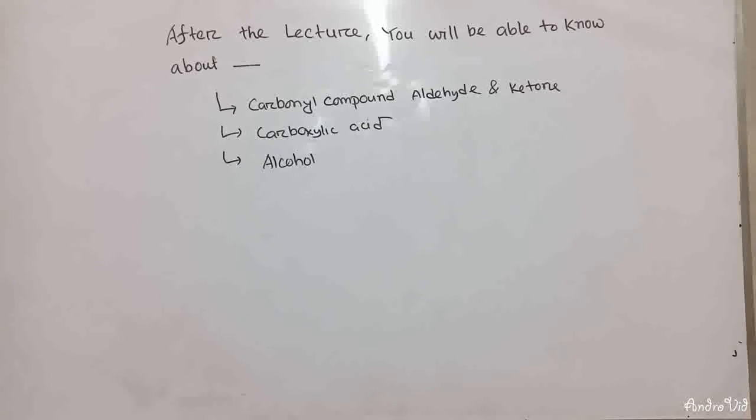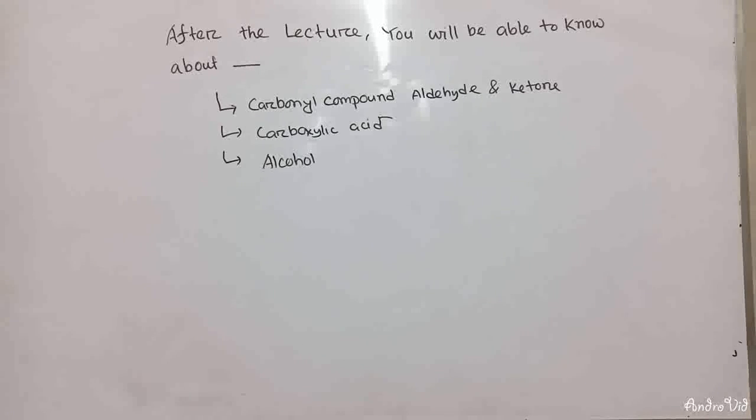At the end of this lecture, dear student, you will be able to know about carbonyl compounds, aldehyde and ketone, the preparation process of aldehyde and ketone, and the identification process of aldehyde and ketone. At the same time, you will know about carboxylic acid, its preparation process and its identification process.